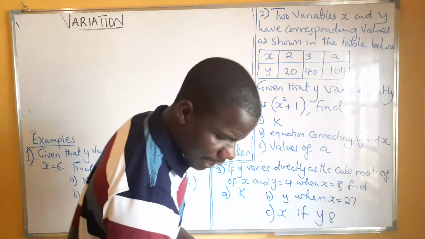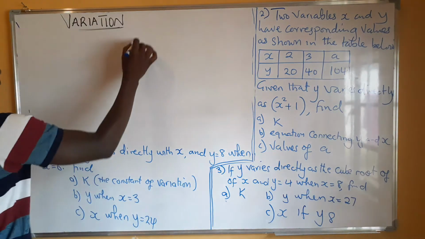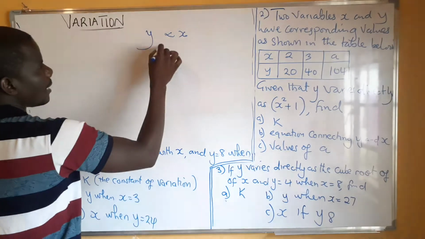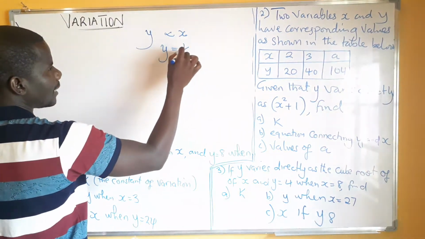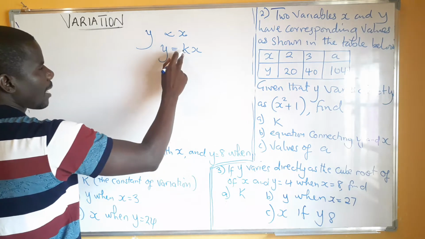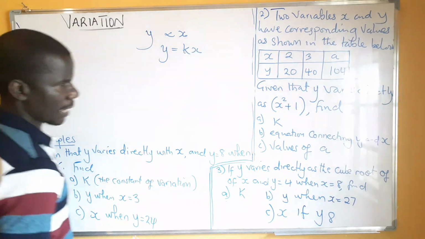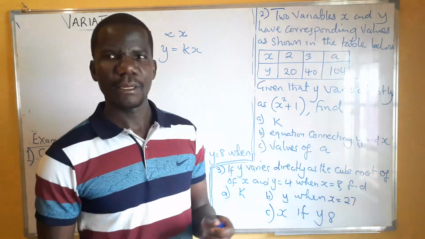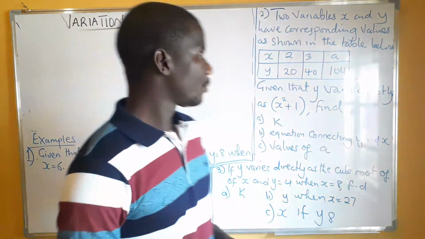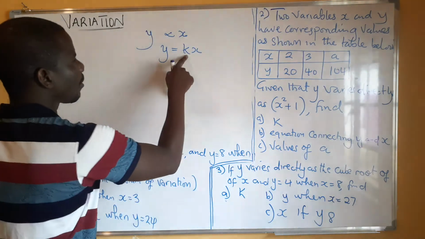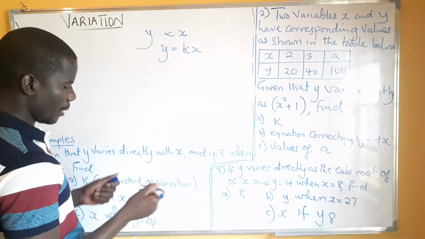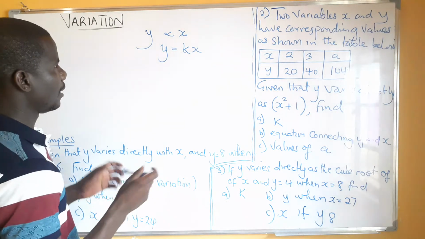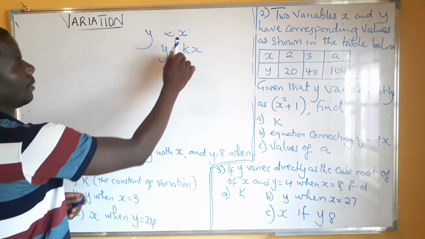If you are writing the equation for the direct variation, we are saying if y varies directly with x, the equation for this direct variation is y equals k multiplied by x. There should be a k. This one is a constant.